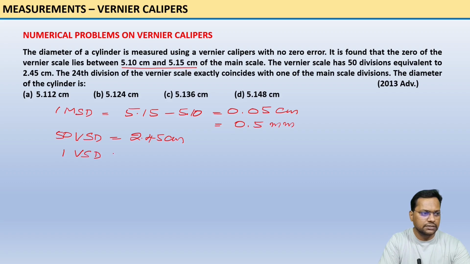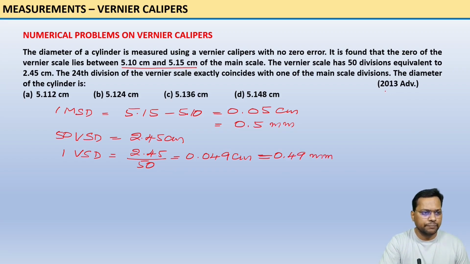So from this we can find out what is 1 VSD. 1 VSD is equal to 2.45 divided by 50. That gives 0.049 centimeters, or 0.49 millimeters.